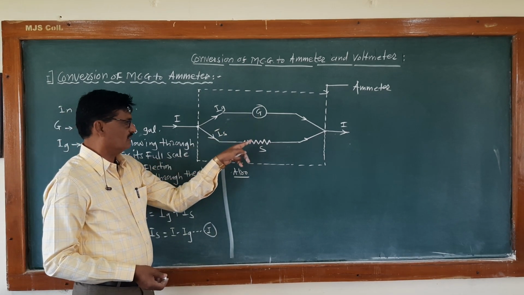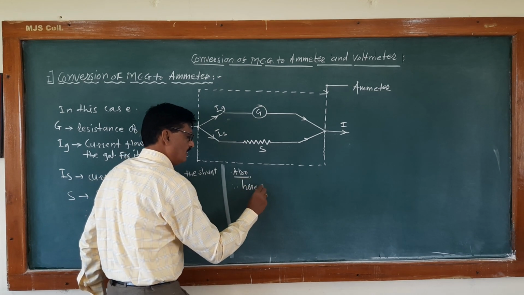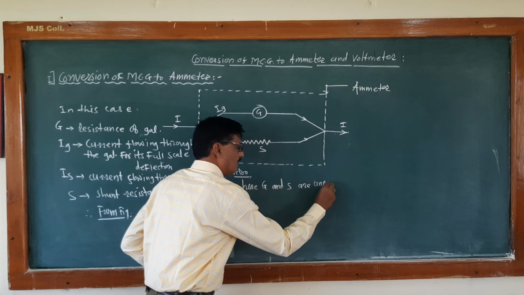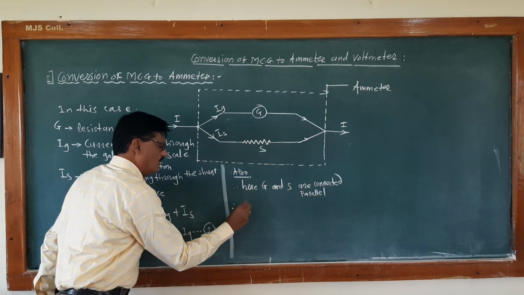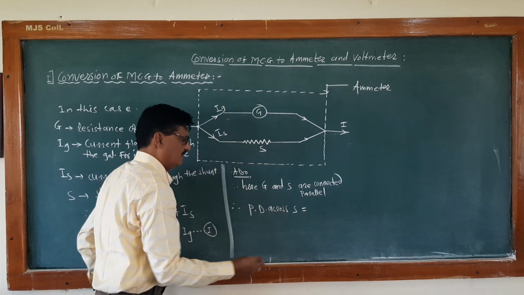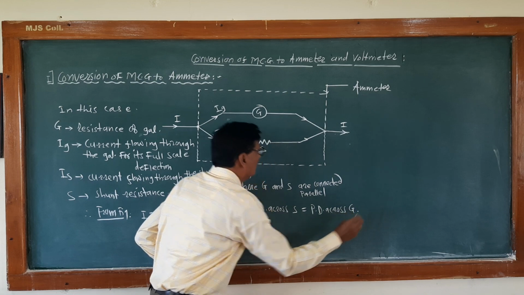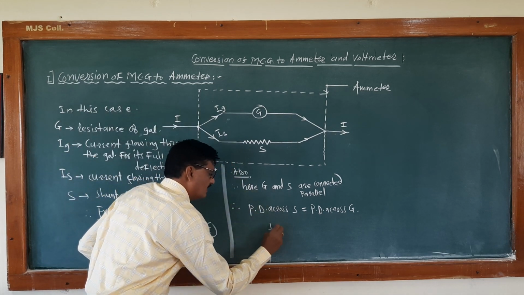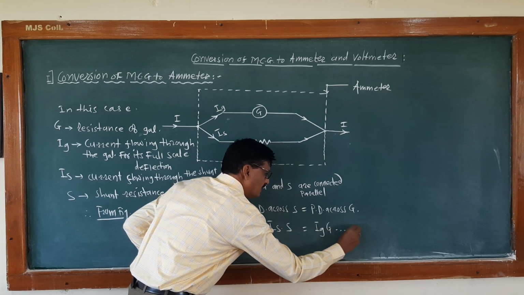This means that the potential difference across the galvanometer is equal to the potential difference across the shunt. Therefore, the potential difference across the shunt S is equal to the potential difference across the galvanometer G, and therefore we can write that the current Is flowing through the shunt times S is equal to the current Ig flowing through the galvanometer times G. Call this equation number 2.